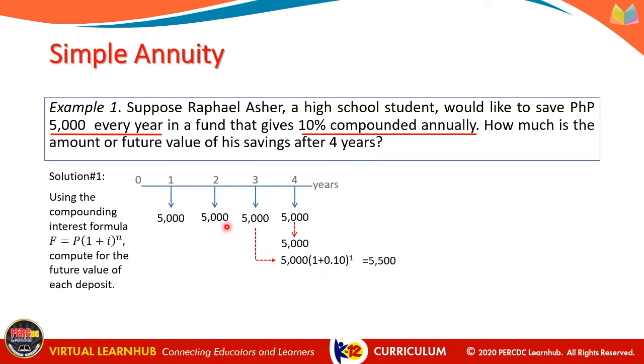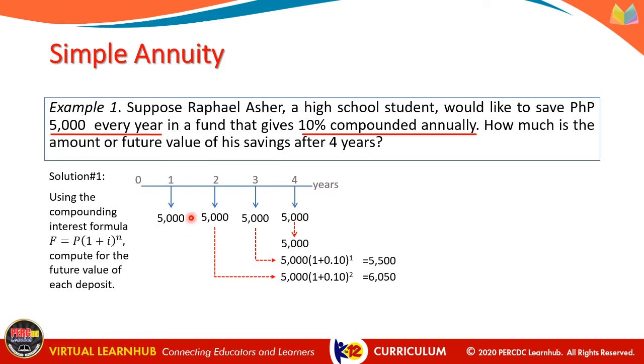5,500. This 5,000 pesos deposited on the second year will become 5,000 times 1 plus 0.10 raised to 2. We just use this formula again. From the second to the fourth year, we have two intervals, that's why we use 2 for the exponent. 5,000 times 1 plus 0.10 raised to 2 is equal to 6,050.